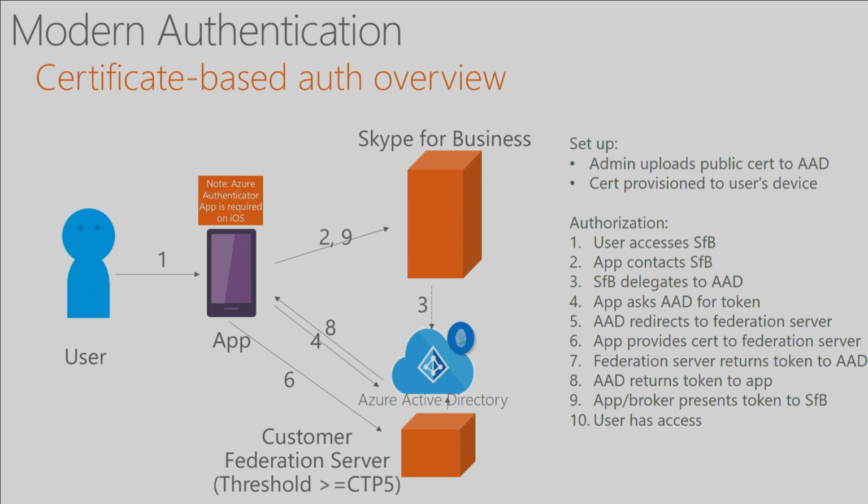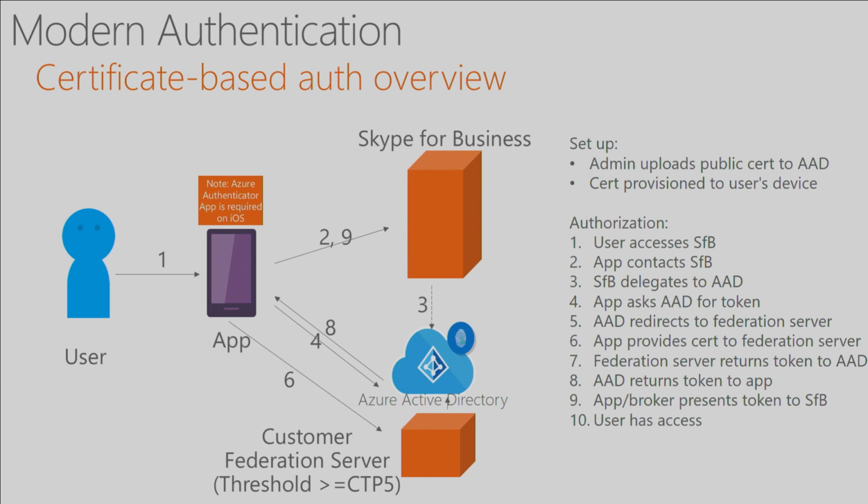Here's a quick look at the certificate-based authentication overview. If you're an online user, you are looking at enabling certificate-based auth. As you can see, the flow is slightly different and a little more complicated. Let's have a quick look at it. User accesses the Skype for Business app, which contacts Skype for Business, rather the server.